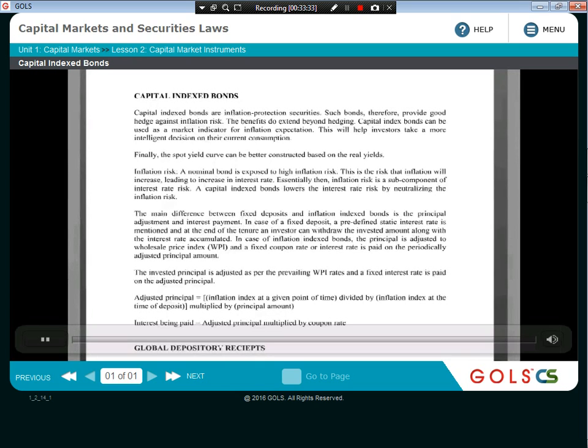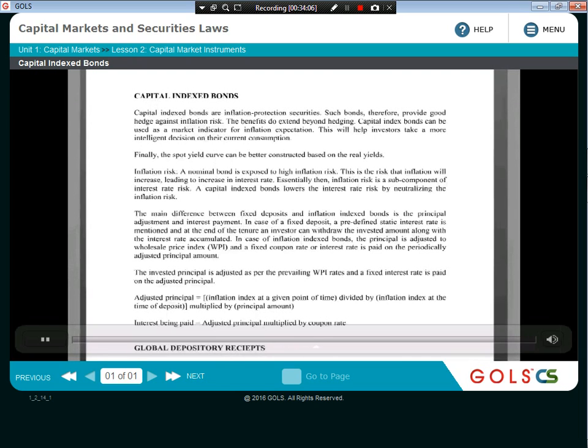So to counter this, there is something called capital indexed bonds. What a capital indexed bond does, what is the difference is, the principal amount, that is this ₹1,000, is not static, it's not fixed. That is linked to your wholesale price index, which is a price index given by the government of India, which tracks the inflation. So if the inflation moves up, the price index moves up, the principal is recalculated and it increases to that extent.